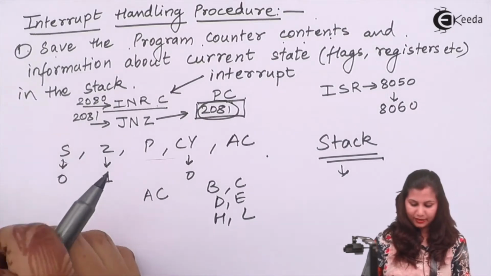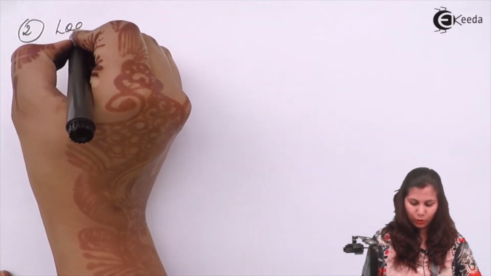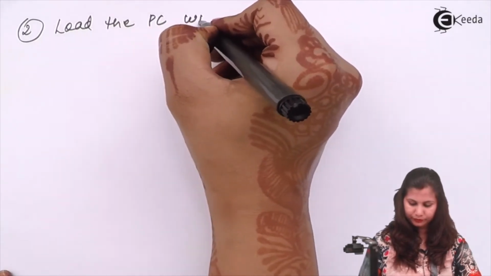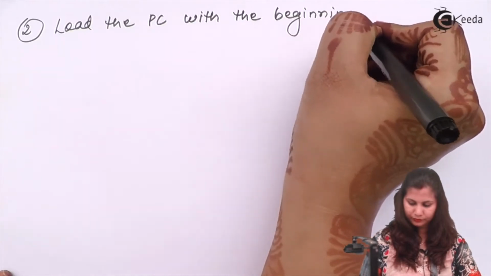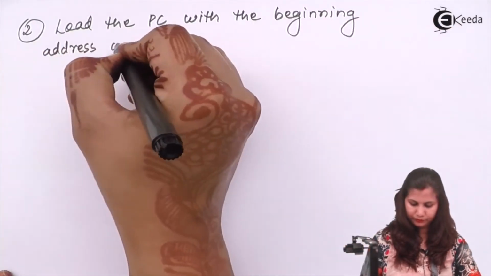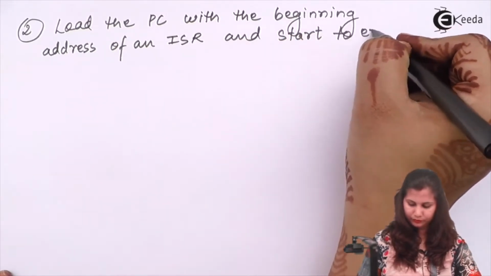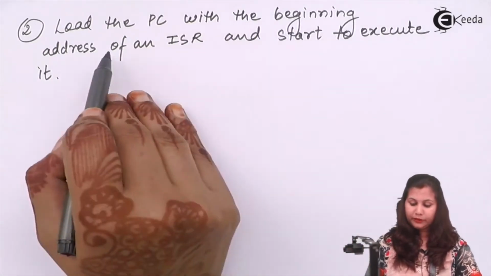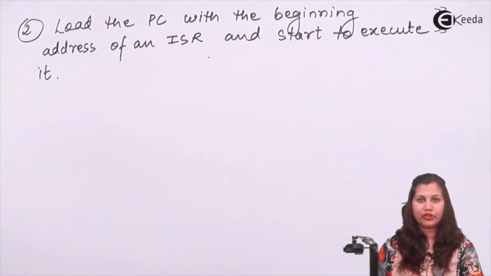Now the second step is to load the program counter with the beginning address of the interrupt service routine and start to execute it.